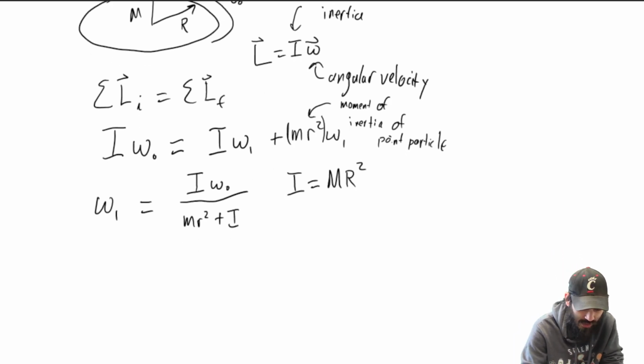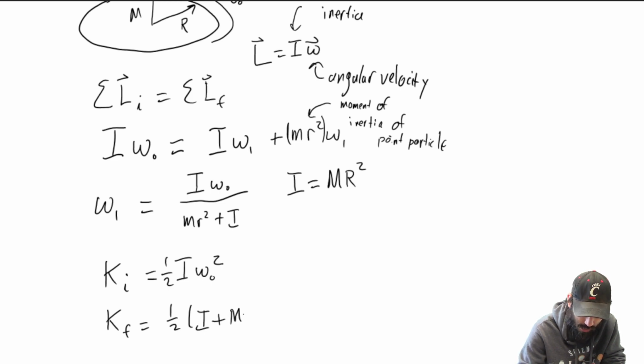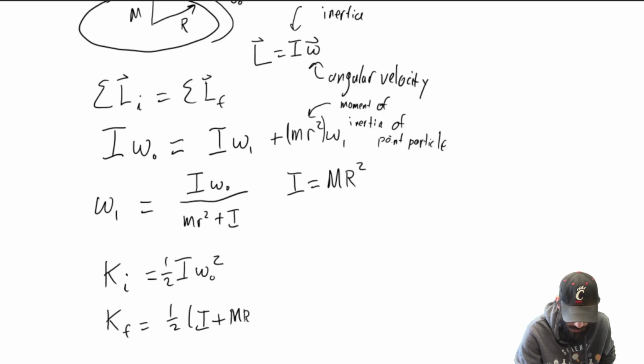So if we calculate the initial kinetic energy, this is just going to be 1/2 I omega naught squared, and then the final kinetic energy is going to be equal to 1/2 I plus mr squared.